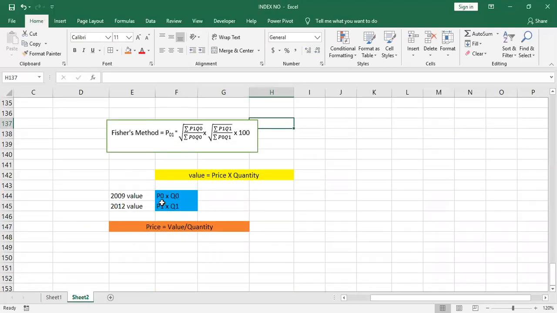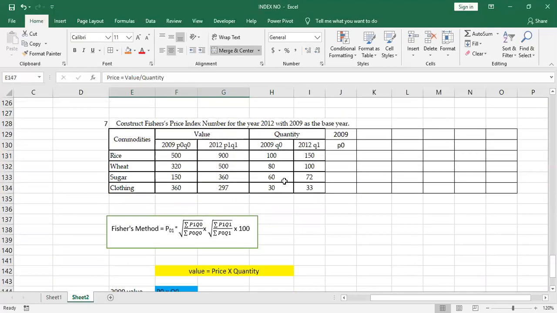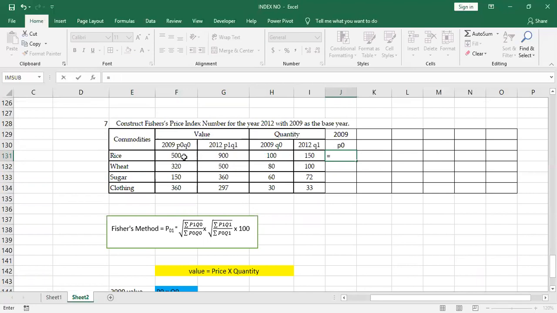So we have to segregate the price. How do you segregate? Value divided by quantity. The value is 500, so 500 divided by 100, you'll be getting 5 rupees.